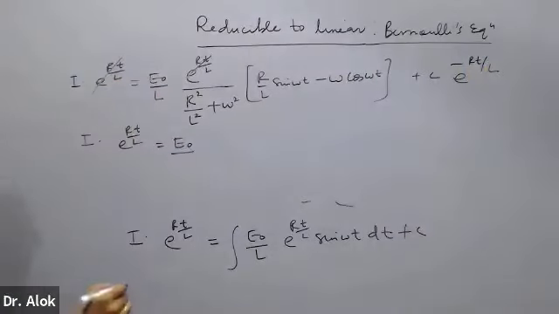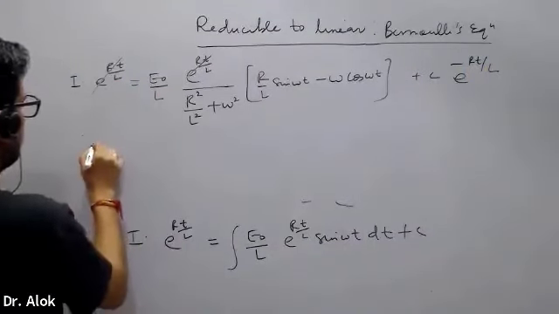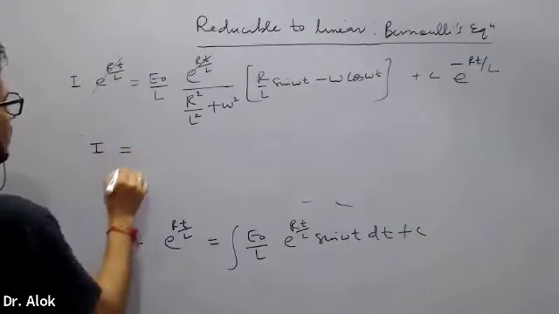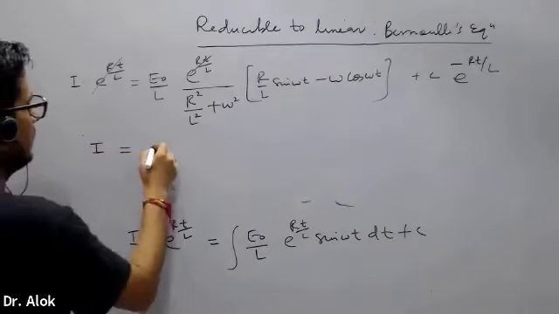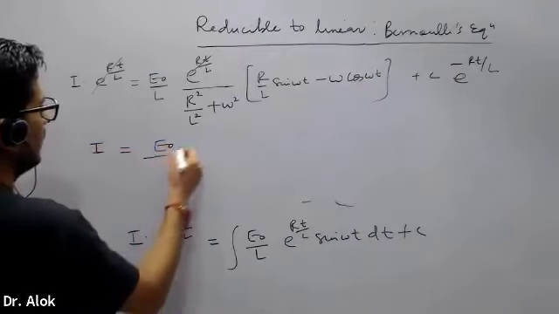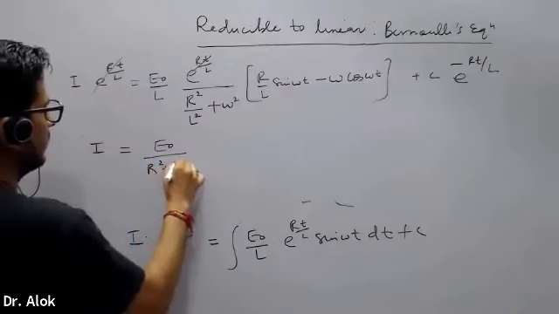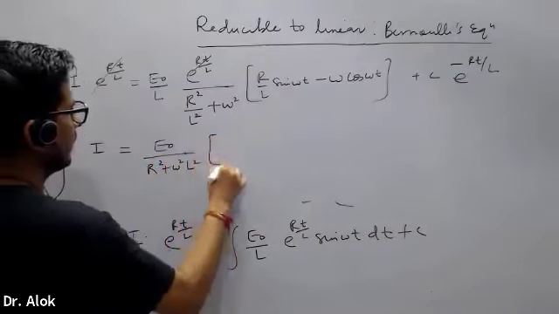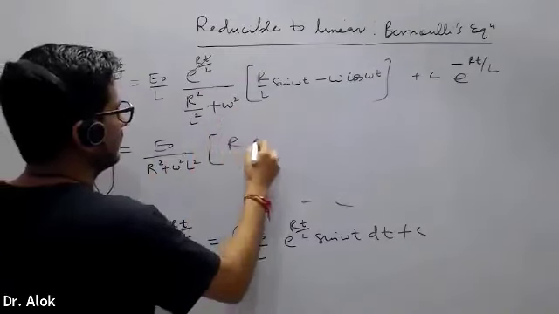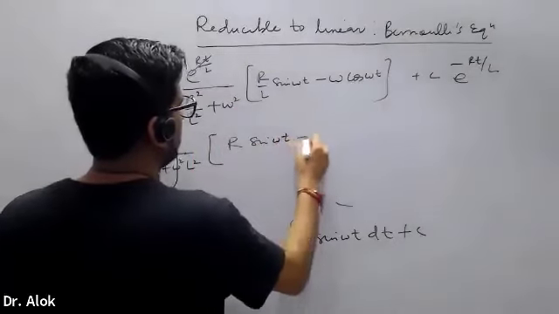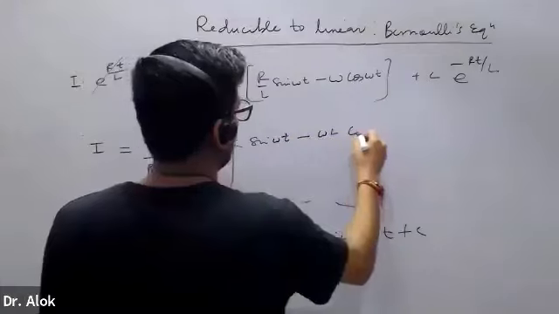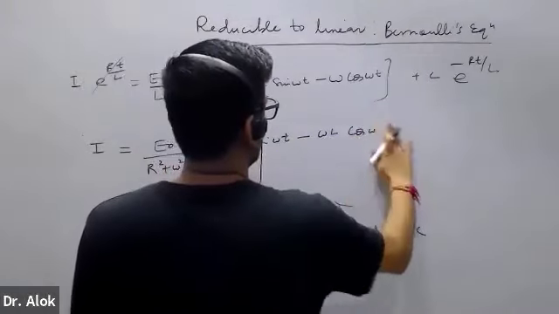Okay, so it will become I is equal to E naught by R square plus omega square L square, and R sin omega t minus omega L cos omega t.